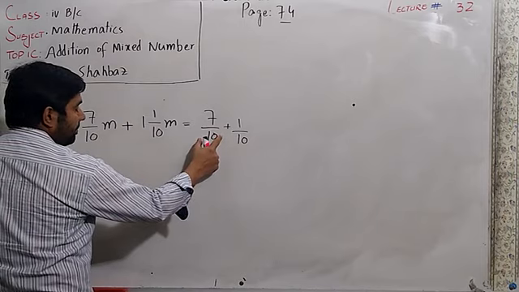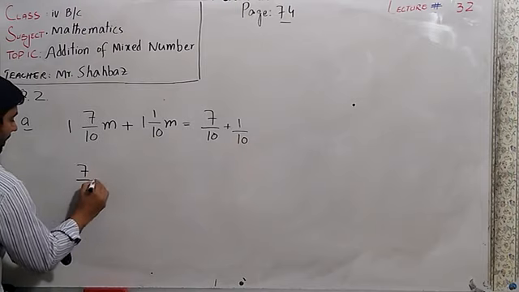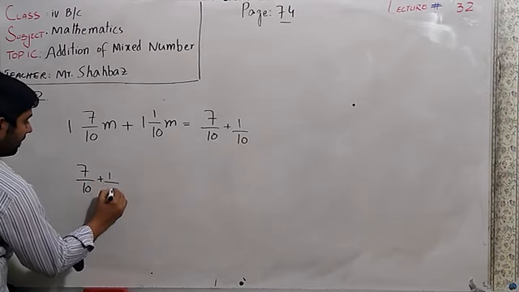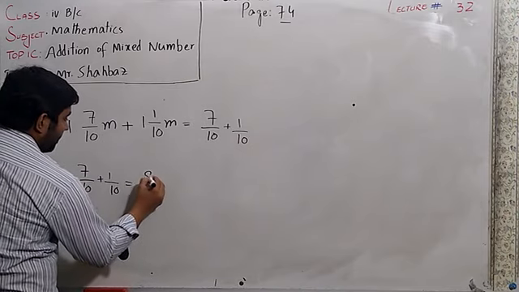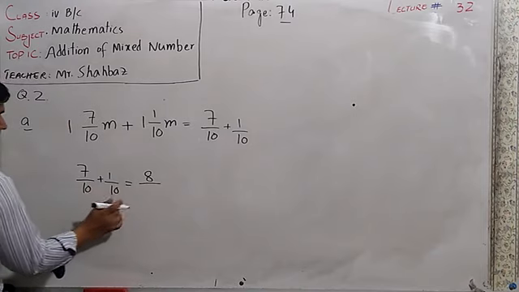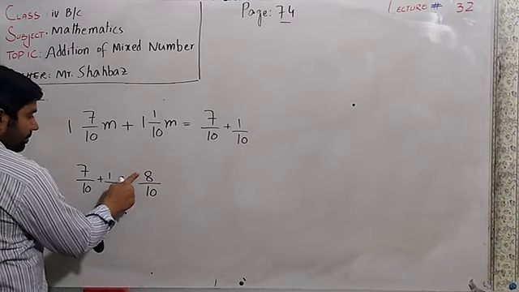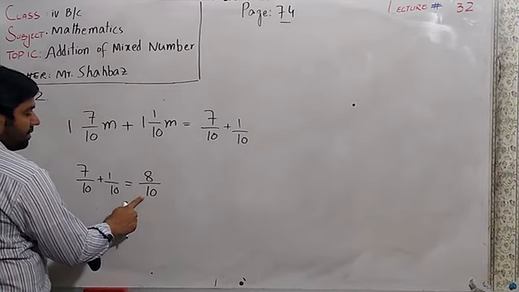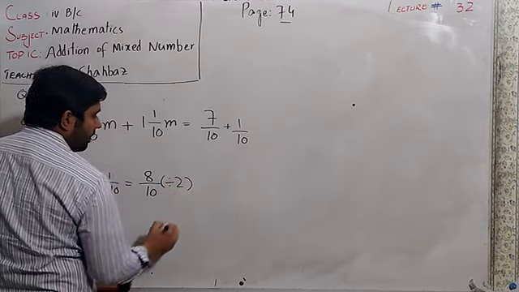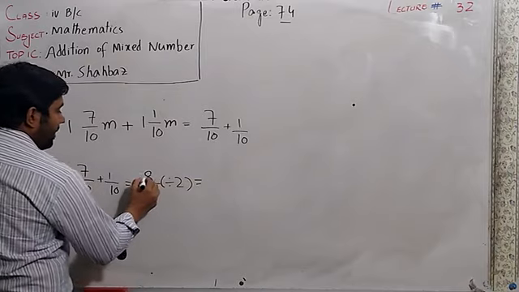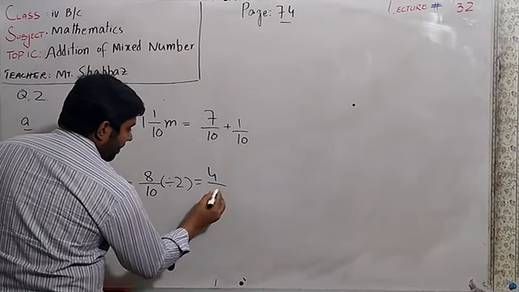As these have the same denominator, we can add easily. 7 plus 1 is 8, and 10 stays as it is. Here you can see this is 8 and this is 10. We can reduce by a multiple of 2. 8 divided by 2 will be 4 and 10 divided by 2 will be 5.